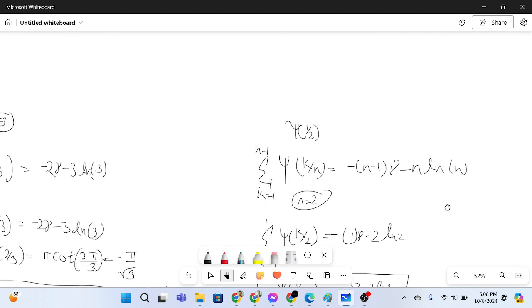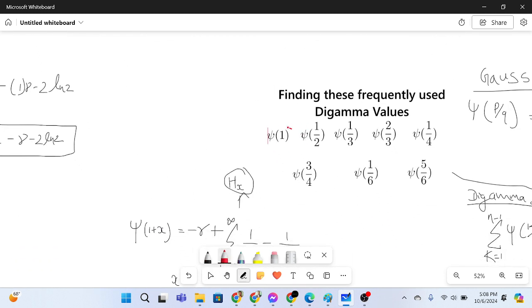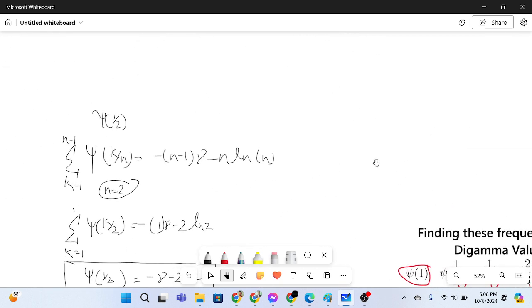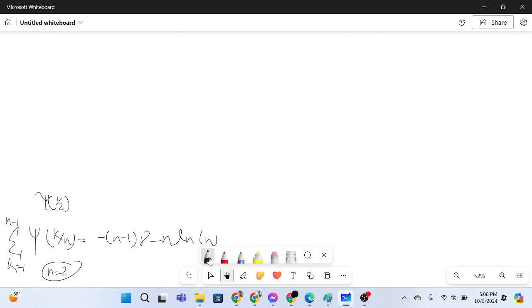We have already got quite a lot of values. We have got this one, this one, this one, this one. Now digamma of 1 by 4. We'll use the same formula. Right? So if we put n as 4, what we get is the sum from k equals 1 to 3 of digamma of k by 4 is equal to minus 3, which is 4 minus 1, times the Euler-Mascheroni constant minus 4 ln 4, right?